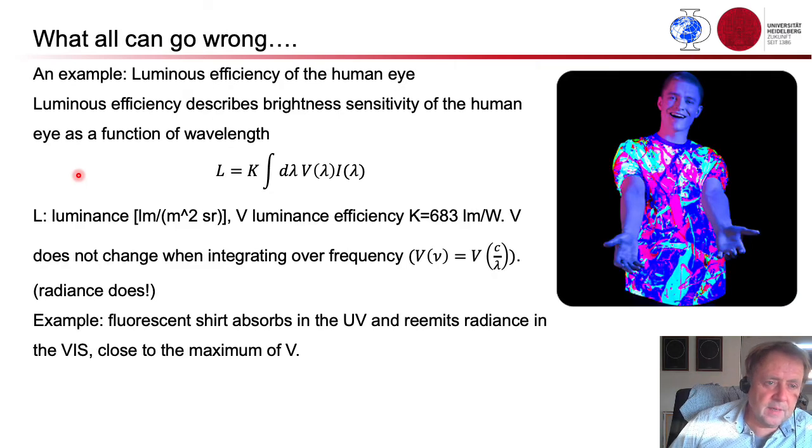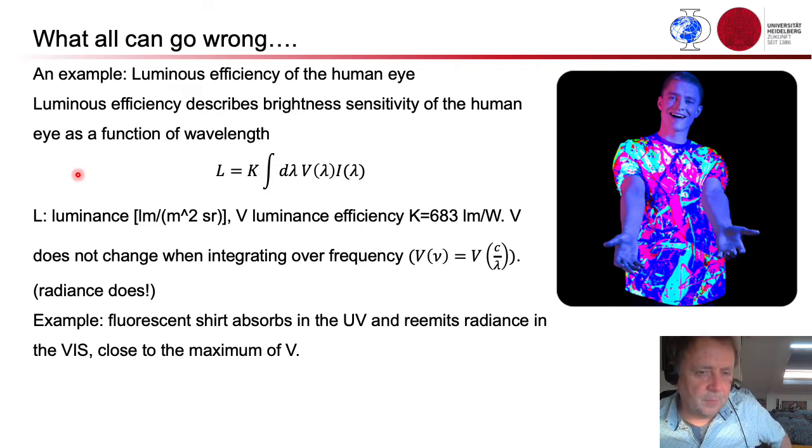So after this little discussion on the different approximations, we come back to our main topic, the Planck function, and what can go wrong when we interpret it value by value. Therefore, we start our discussion with the so-called luminance efficiency of the human eye. It's a function which describes the brightness sensitivity of the human eye, here given as a function of wavelength.